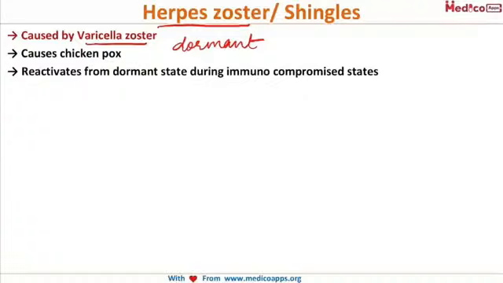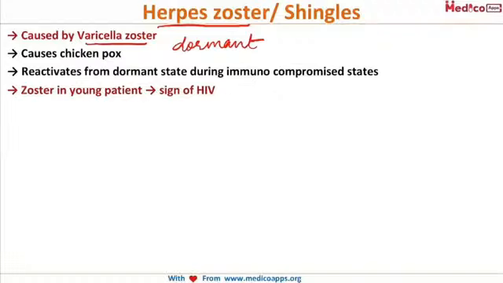And when it is occurring in a young patient, you should suspect HIV in that patient. Certain people such as the old people or those with cancer chemotherapy going on, they are obviously immunocompromised. However, if herpes zoster occurs in a young patient, you should immediately think about HIV.